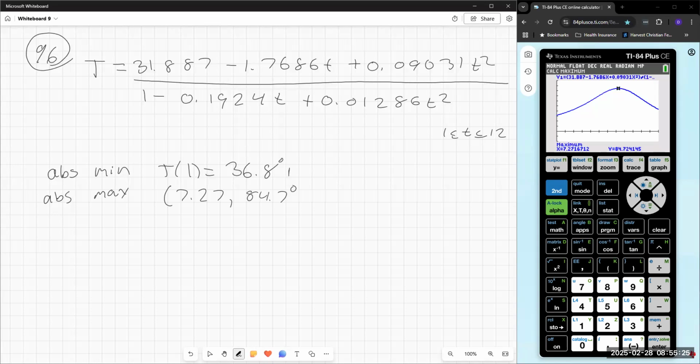These are degrees Fahrenheit. So it happens after 7 months, so past the end of July, in early August is when the highest high temperature is in New York City, is what that's telling me.